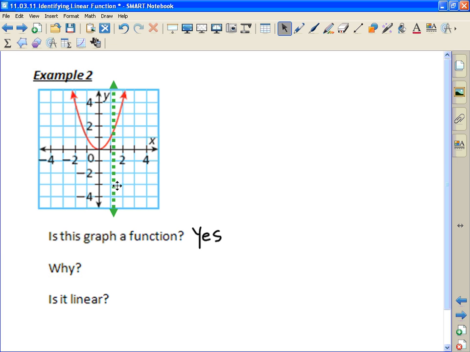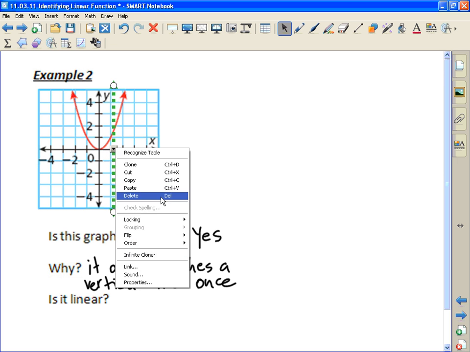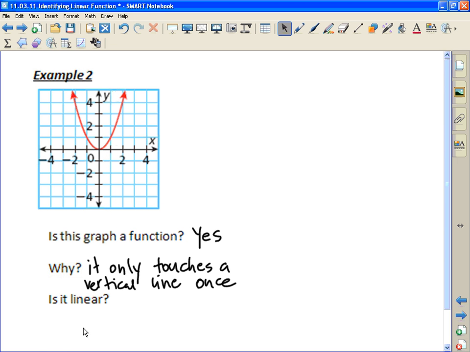The reason is it only touches the vertical line once. And is it linear? Looking at that, I can see it's not a line, so because it's not a line, it's not linear.